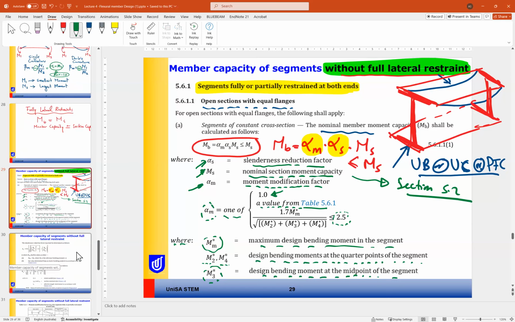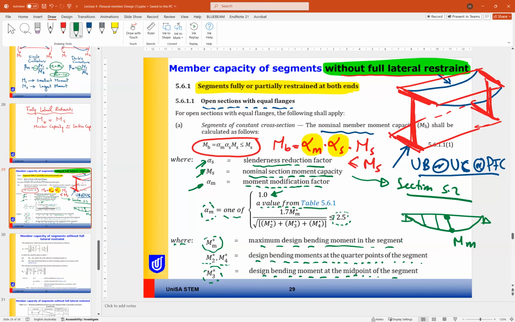Okay, so for example, if we have a beam like this one, we will need to divide it into quarters to find M2, M3 and M4.